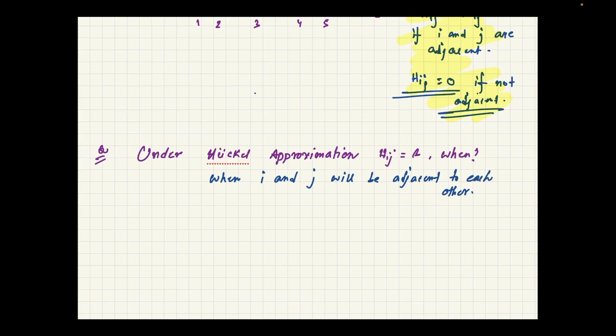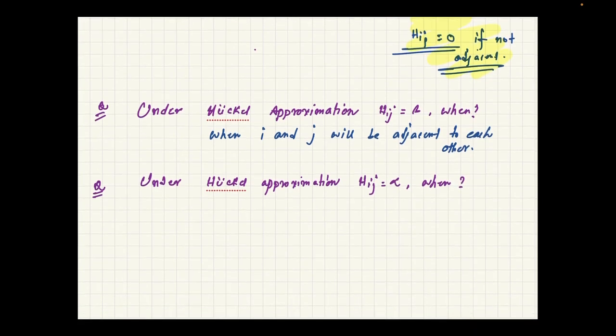Then the next question is, under Huckel approximation, Hij equals alpha when, so Hij will be equal to alpha when i equals j.